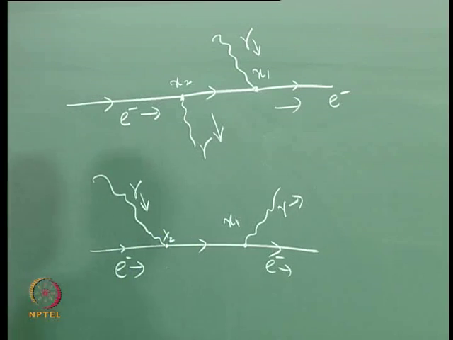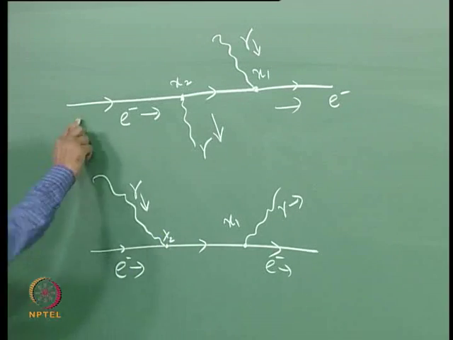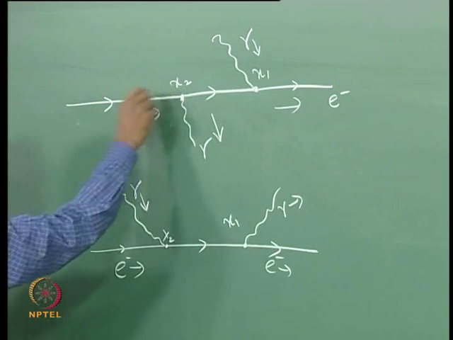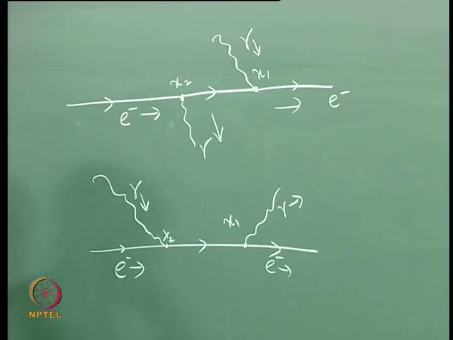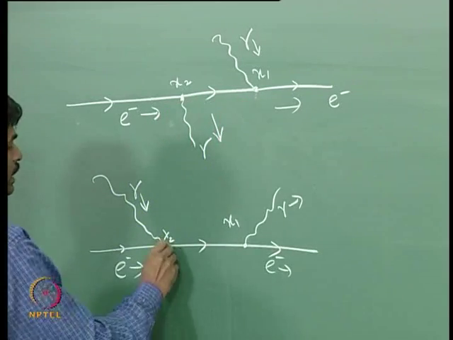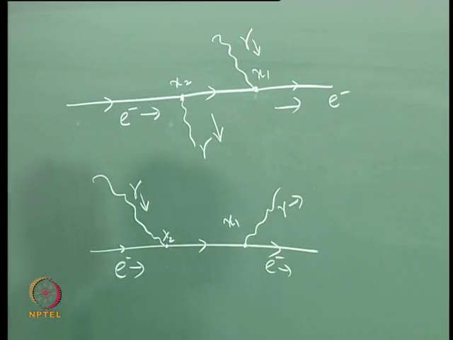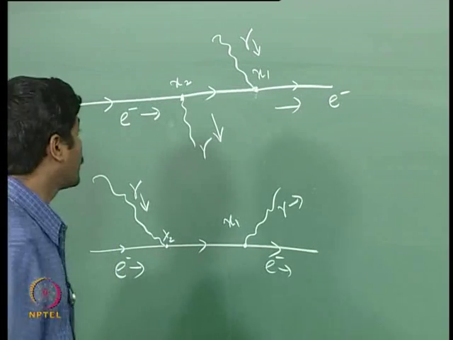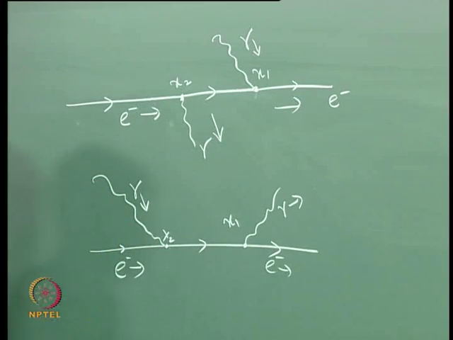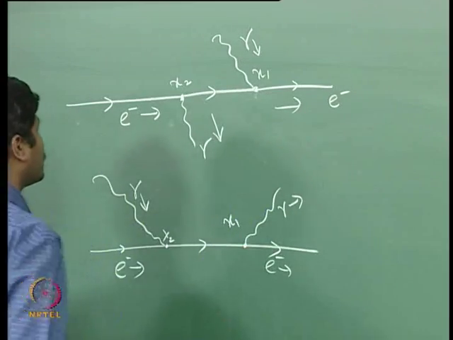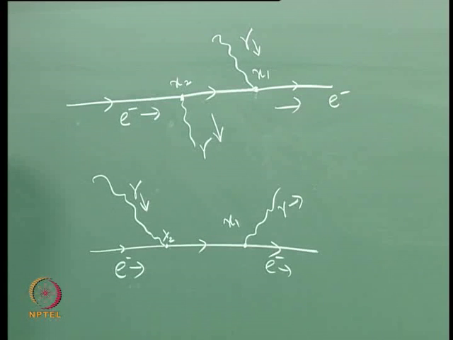So what I did is I represented this incoming electron with a straight line with an arrow, and the propagator again I represented as an arrow, and the outgoing electron is again a straight line with an outward arrow. Whereas for the photon I represent it as a curly line, just to make a distinction between electron and photon. So photons are represented by curly lines, whereas the electrons are represented by straight lines with an arrow.